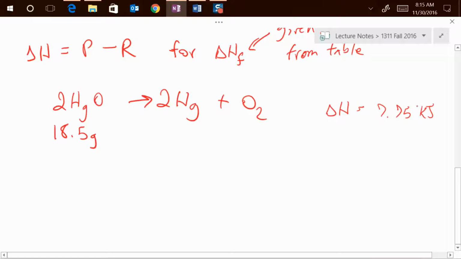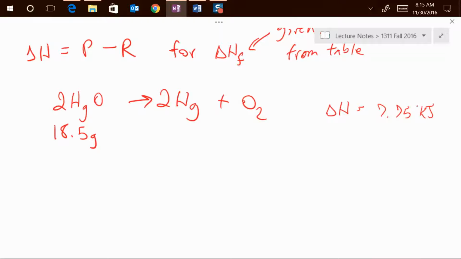So absorbed means positive or negative delta H? Positive. This is an endothermic reaction. It requires 7.75 kilojoules of energy to decompose that mercury oxide. So it is an endothermic reaction. It has to absorb energy for the decomposition of this, okay?